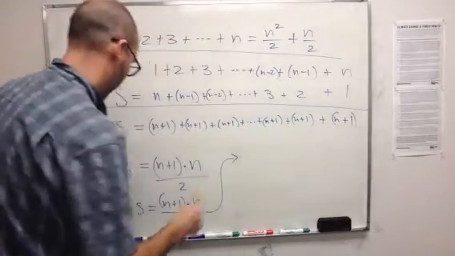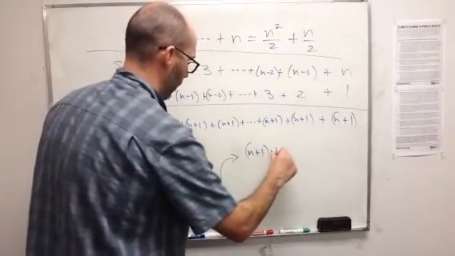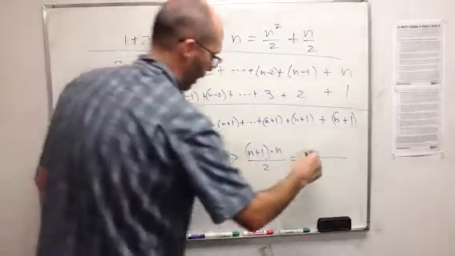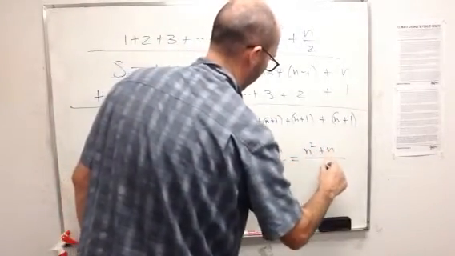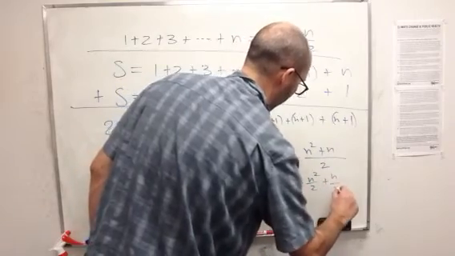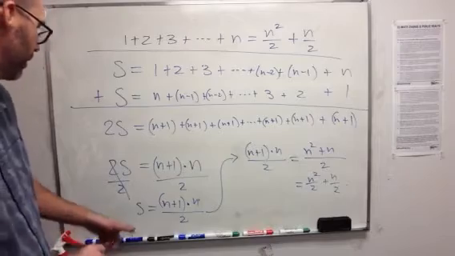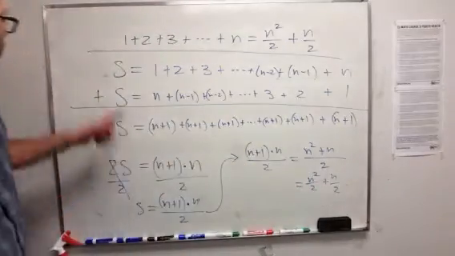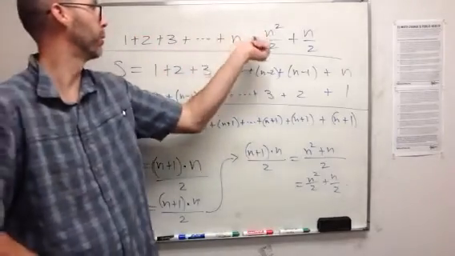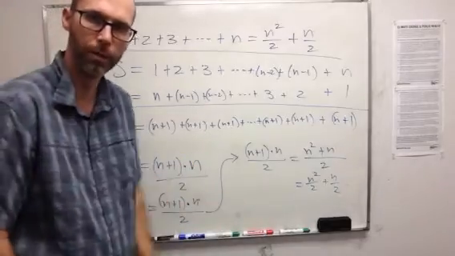Now lastly, distributing that n, we get n squared plus n over 2, which is n squared over 2 plus n over 2. So I have now proved that S is equal to that. We started with saying S is equal to that, so now we know that this guy is equal to S, which is equal to that. And that proves the formula.